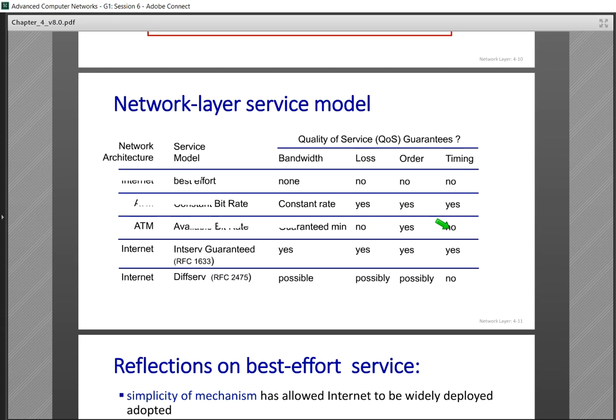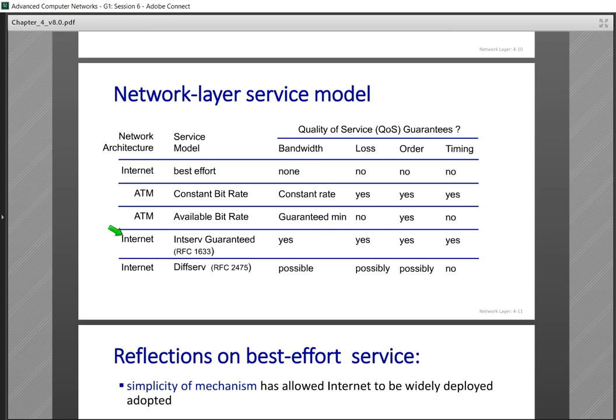ATM has 4 or 5 different service models. Here you can see only 2 of those service models, okay? But you can see ATM can guarantee some things. It depends on your requirement. We can use those service models, okay?